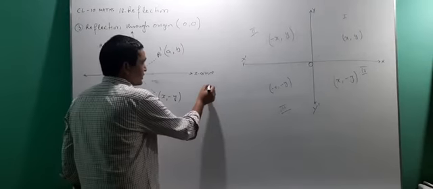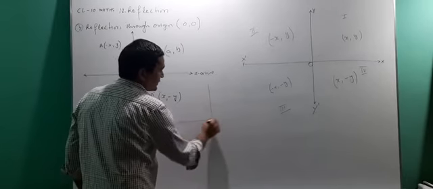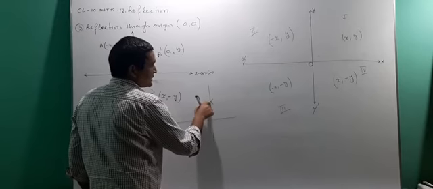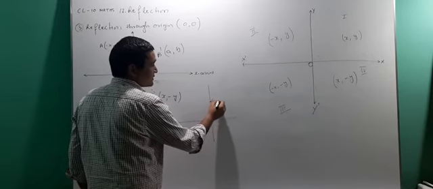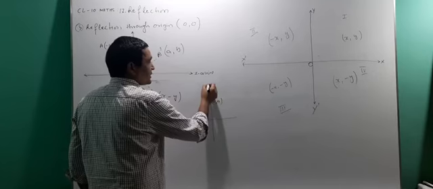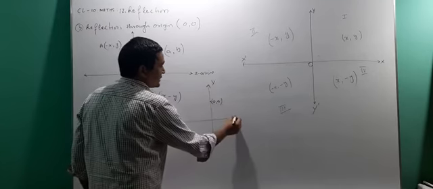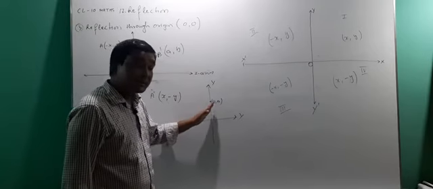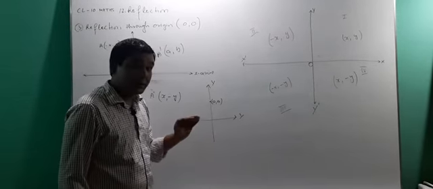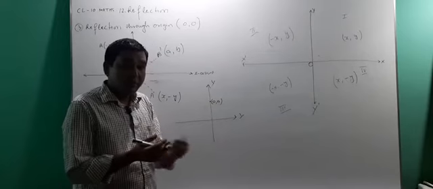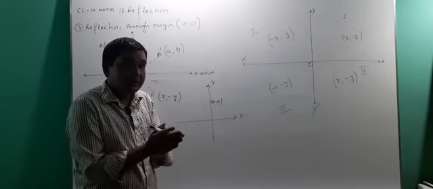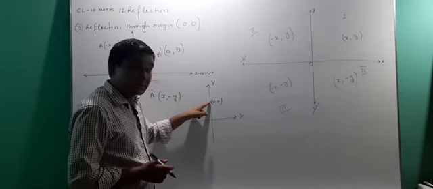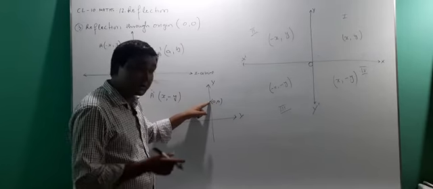Suppose this is the mirror, and the point is here. Suppose this is the y-axis, and this is the x-axis. Remember, invariant point means that after finding the image the coordinates remain the same. Suppose this is the y-axis and the point is on this axis.